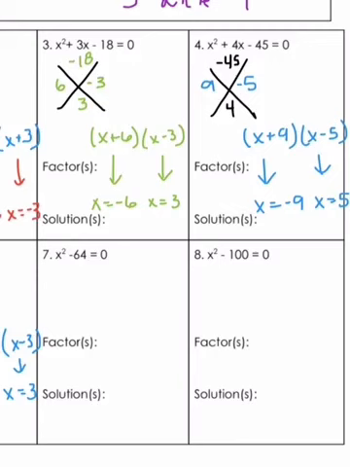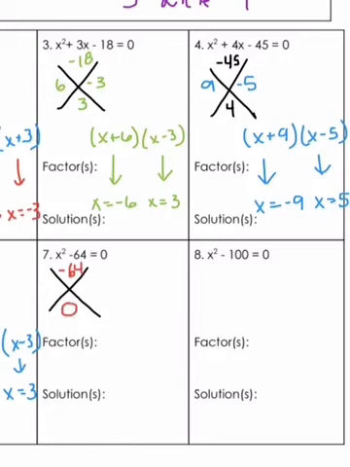All right. The next two are super easy. They look a little different, but we have the last number without a variable, our constant, is our C value. That's the one that goes up top to be multiplied. So what two numbers multiply to be negative 64, but they're actually going to add to be 0?